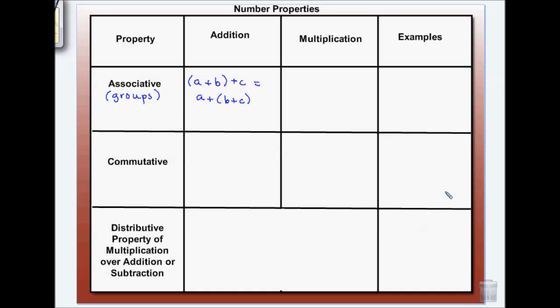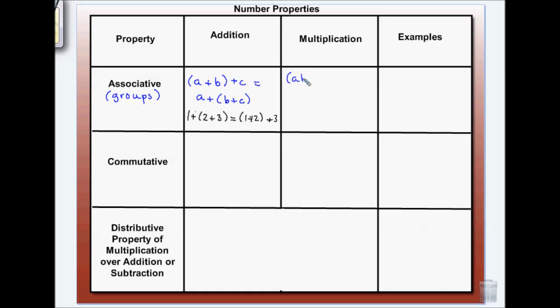So if you want a concrete example, if I said 1 plus 2 plus 3, and then I did 1 plus 2 and then plus 3, this is 1 plus 5, that's 6, and this is 3 plus 3, it's 6. The only thing that changed is the parentheses moved. Well, it's the same thing with multiplication.